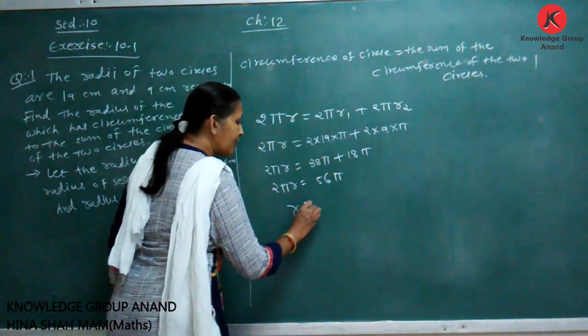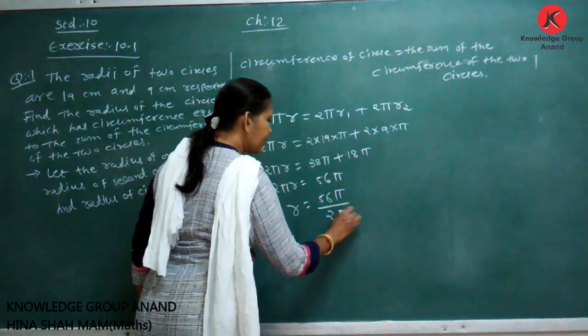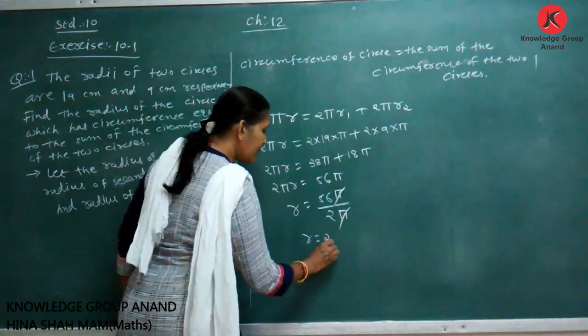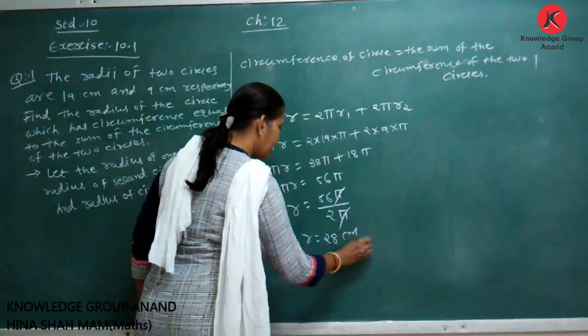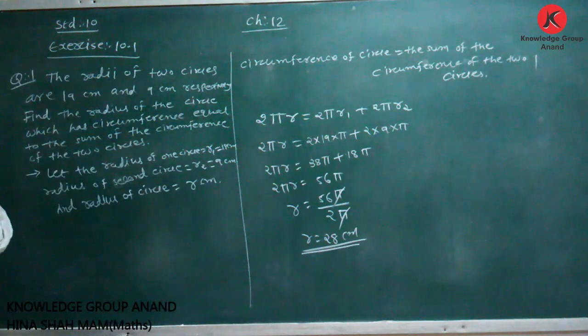Then r equals 56 pi upon 2 pi. Pi cancels. R equals 28 centimeters.